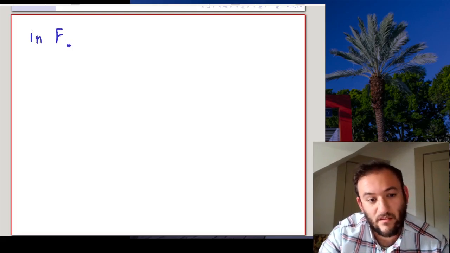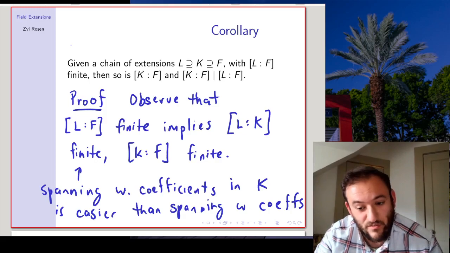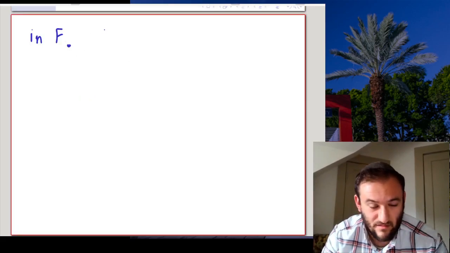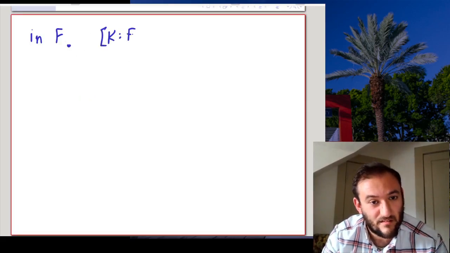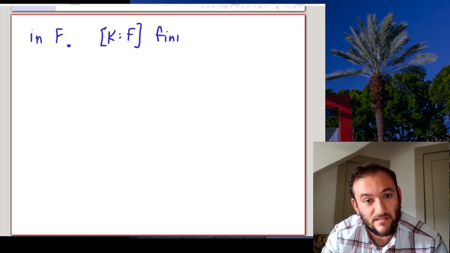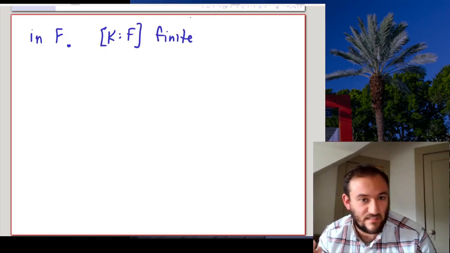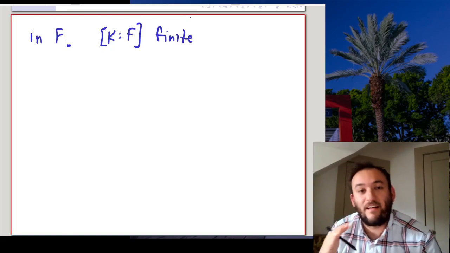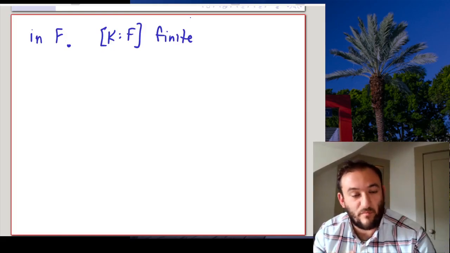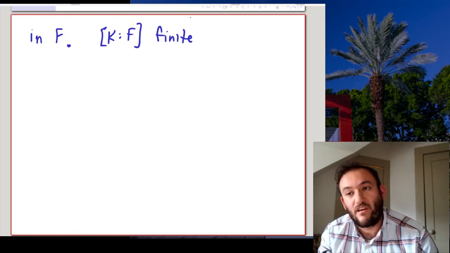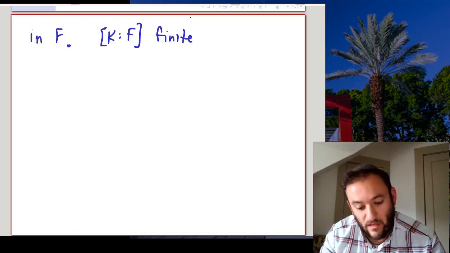How do we know that K over F is also finite? K over F is finite because there are fewer things to span, right? If I can catch everything in L using just a finite number of elements and then elements in F, then I can certainly catch everything in K as well.